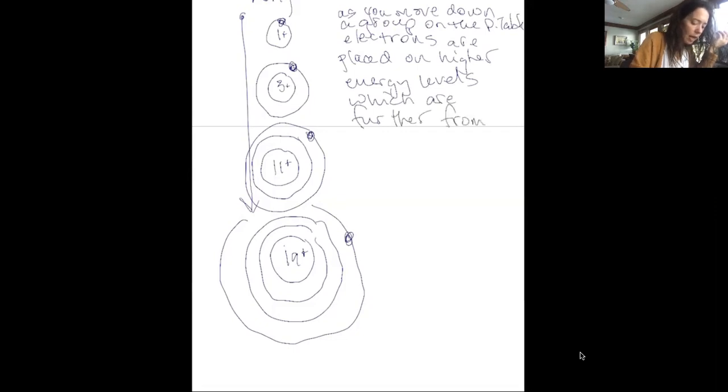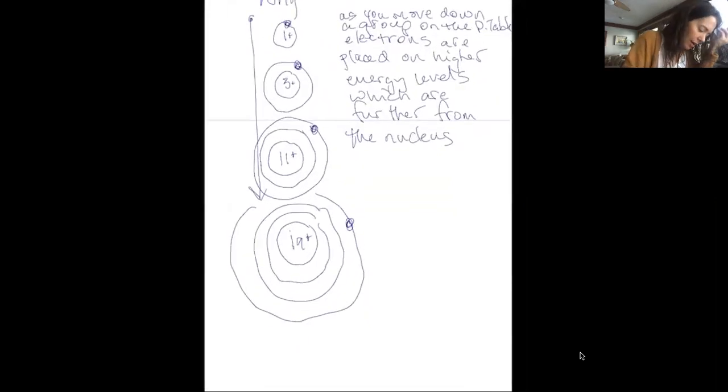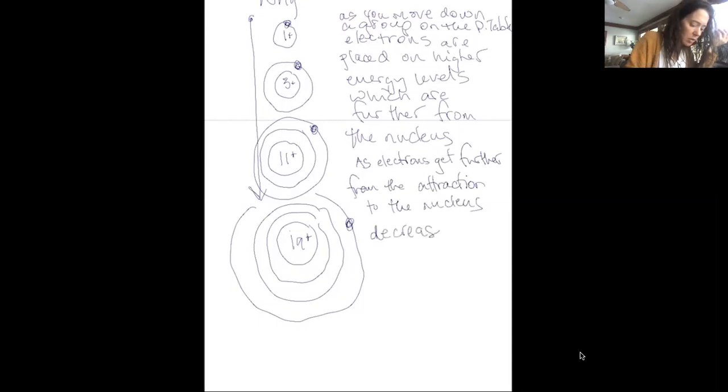Okay, now they're getting further from the nucleus. And recall, it is that attraction to the nucleus that keeps those electrons in place. So as electrons get further from the nucleus, the attraction to the nucleus decreases and the size of the atom increases.